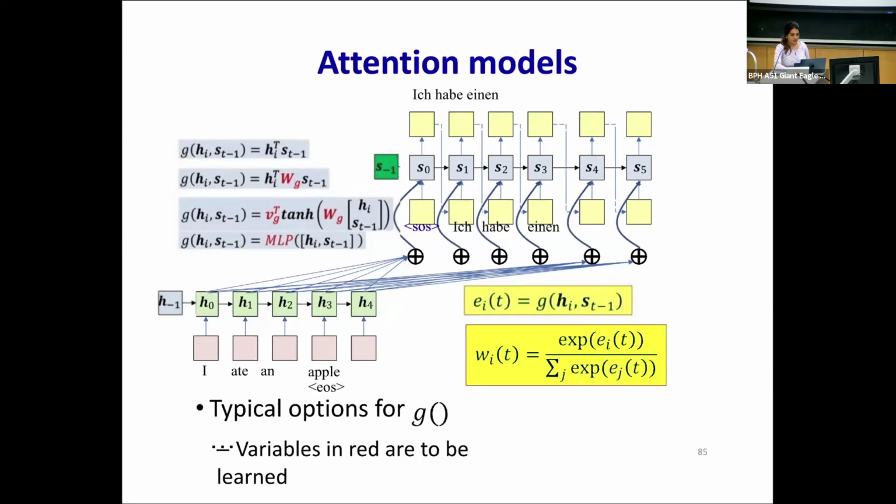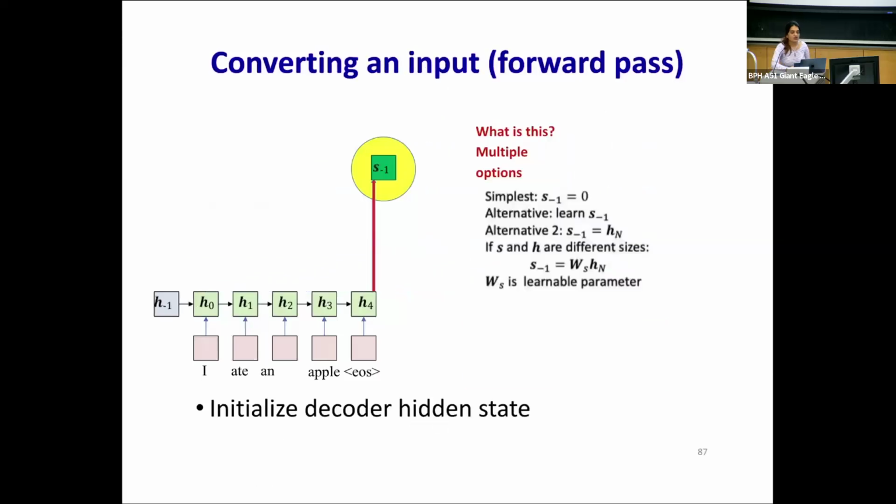So coming to the next slide. For decoding, we know that in the decoder we need something called S of -1, which is used as the initial hidden state. So what are the various options that we can have for this particular hidden state? One simple option is to set it as all zeros, which is not a good thing.